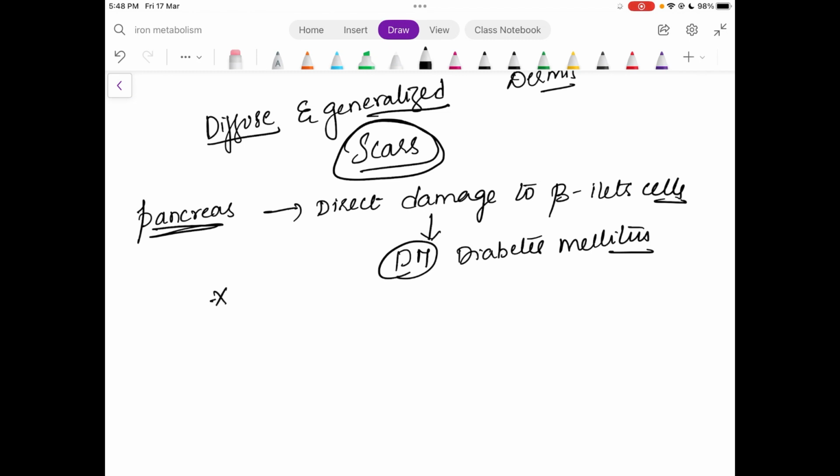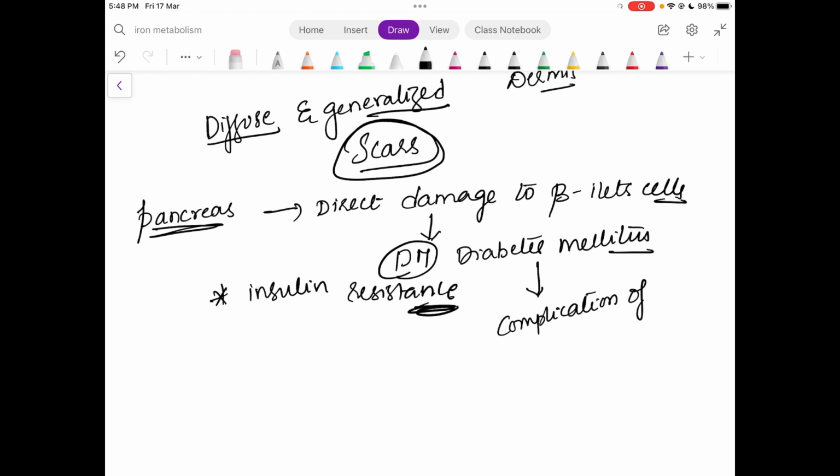And it can also increase insulin resistance. And with long-term diabetes mellitus, you will get complications of diabetes mellitus, like nephropathy, neuropathy, and retinopathy.